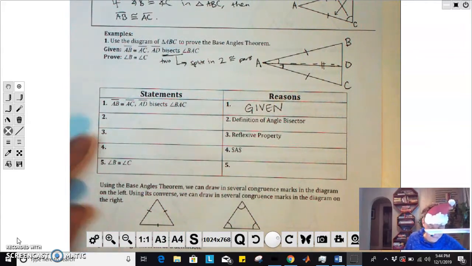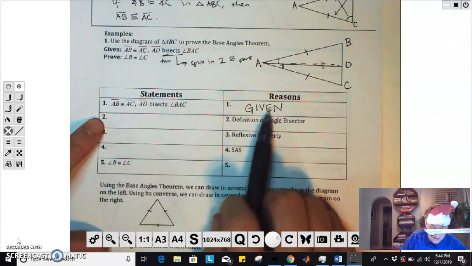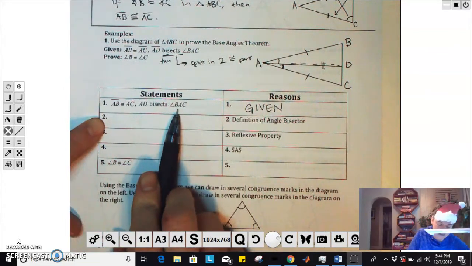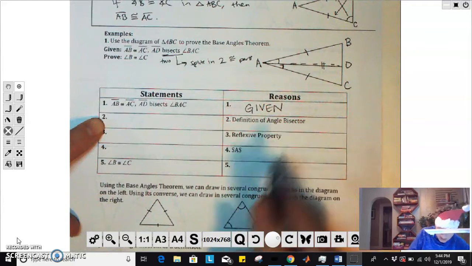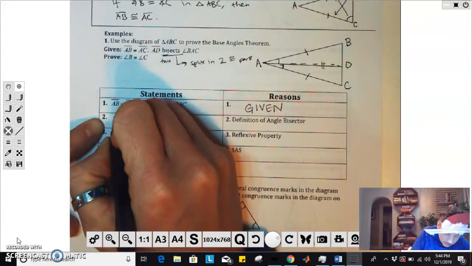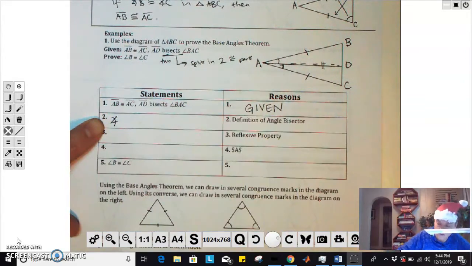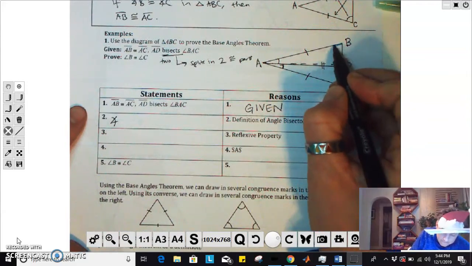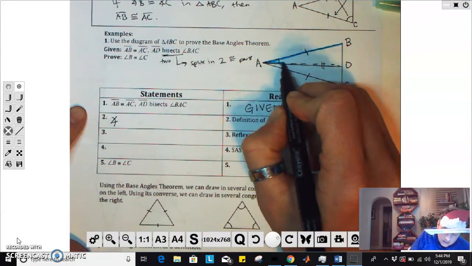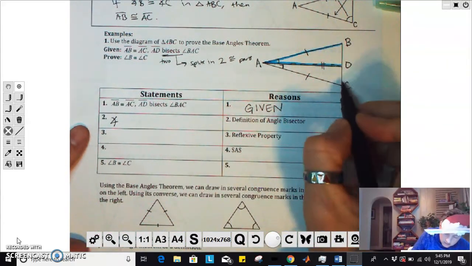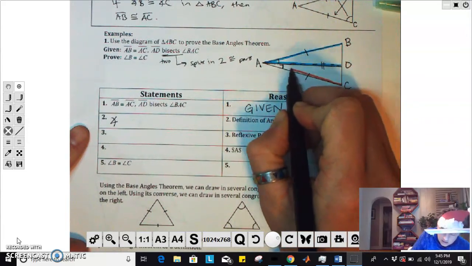Right? Cool. We wrote down our givens. Next we got to talk about what it means that AD bisects angle BAC. Well, if it bisects, the definition of an angle bisector, splitting into two congruent parts, is splitting into two congruent angles. So this means angle BAD is congruent to this angle CAD.